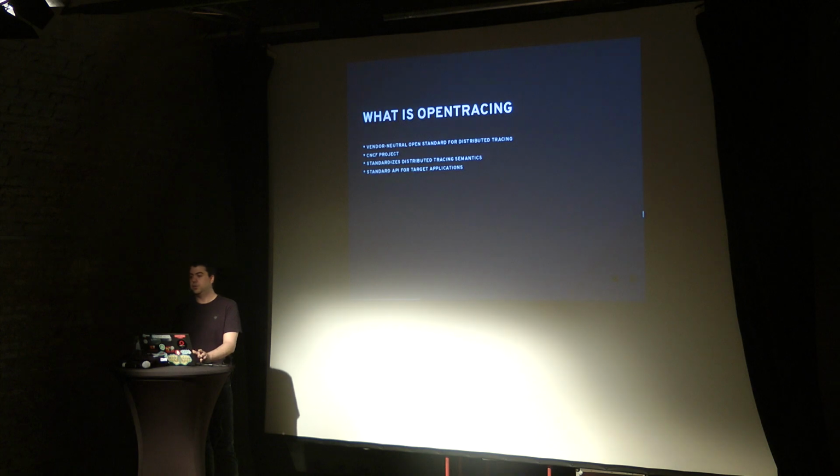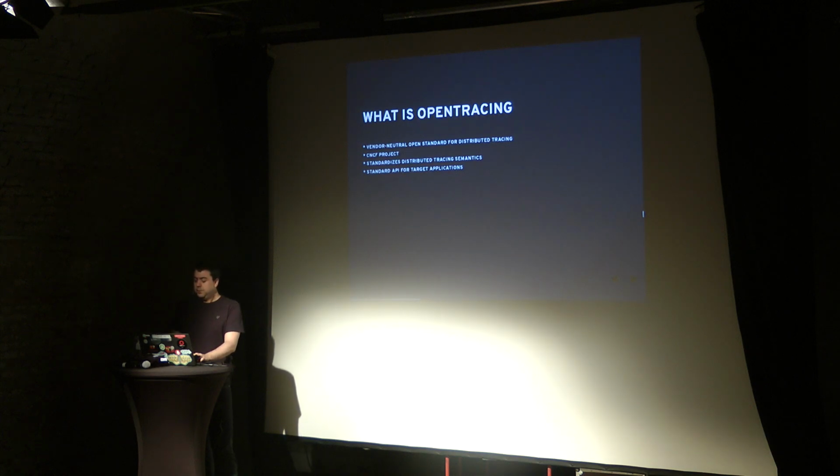The main idea for OpenTracing is to standardize the semantics for distributed tracing. So its main role is to say, those are the terms that we are going to use. So it's a span context, what is a trace, what is a tracer, and that's the role for OpenTracing.